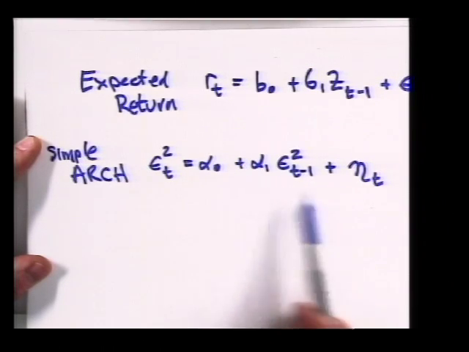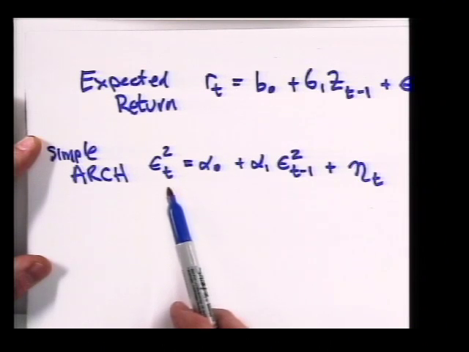What are my forecasted values for epsilon squared t going to look like? Suppose this is 0. What are the forecasted values going to look like? It's going to be alpha 0, right?